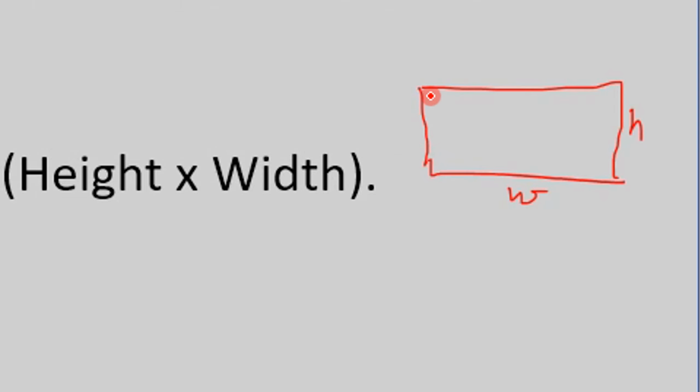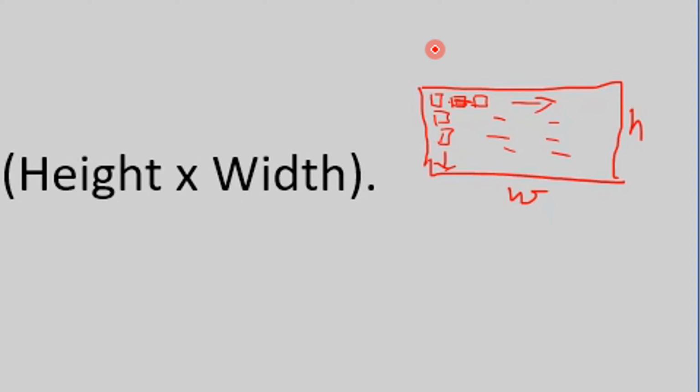That means pixels are packed width and height wise. So it will grow like this, and there will be pixels here. Each pixel will have some color attribute, and there will not be any gap here; the pixels are tightly packed.